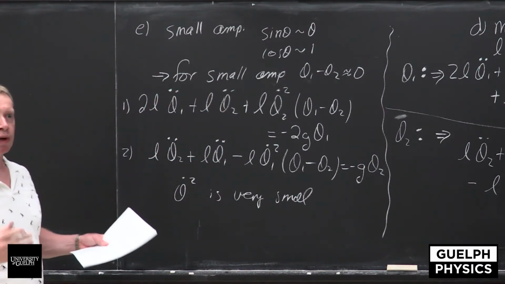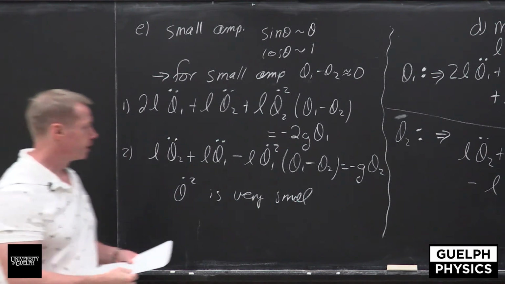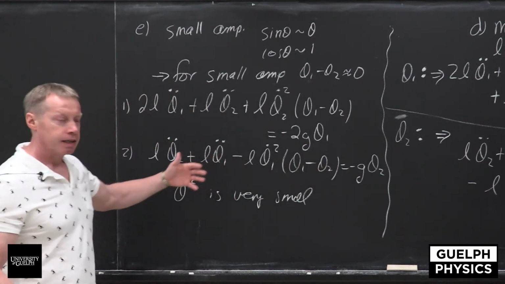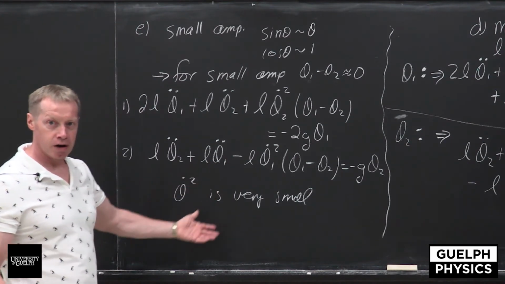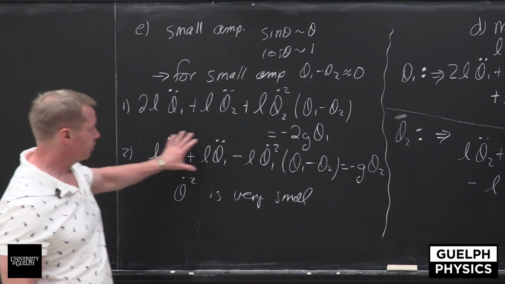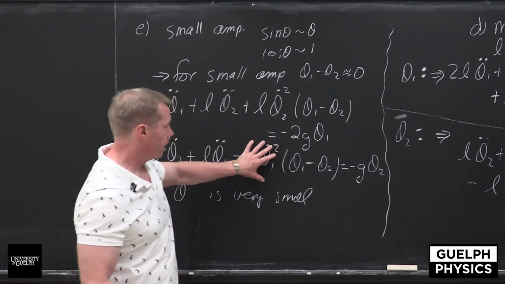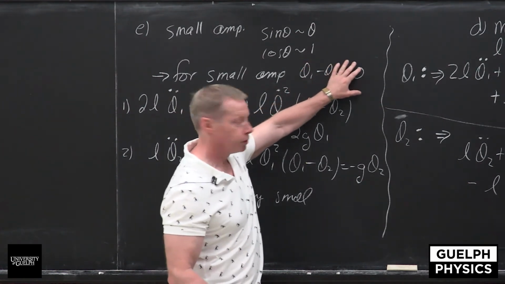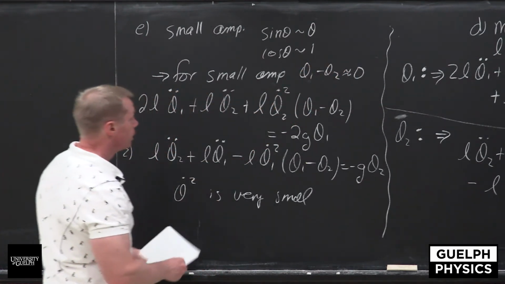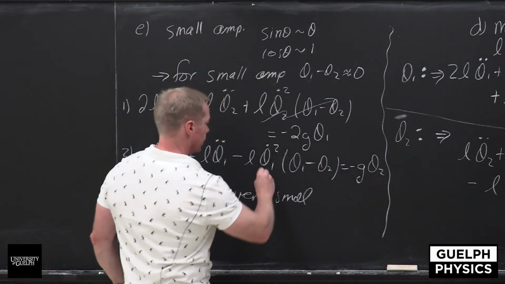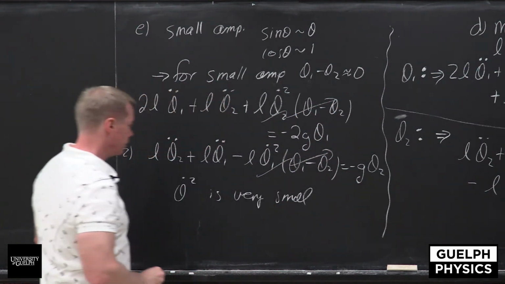And if you just think about what happens in a pendulum, if you keep the angles very small, the kinetic energy never gets large. So the velocities always remain small. So we have something that is quadratic in velocities and involves a difference in angles, which we expect to be very small. What that allows us to do then is to ignore these terms.